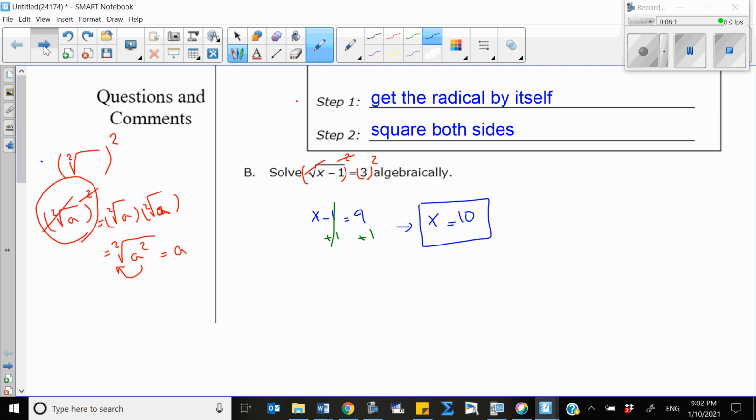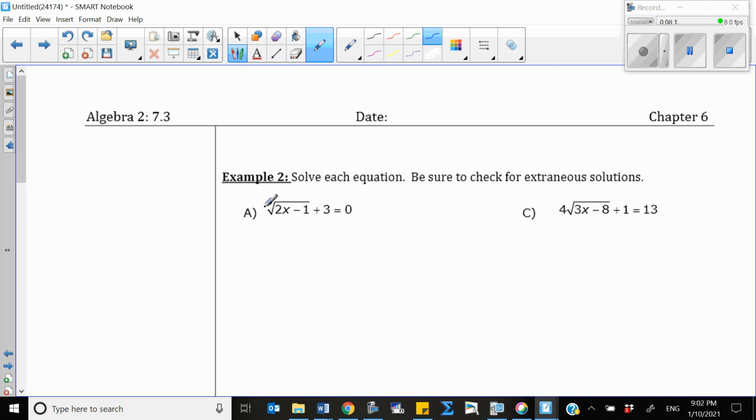So let's go to the next example here. Square root of 2x minus 1, plus 3, equal to 0. The first step is to have the radical by itself on one side. That means I need to get rid of this 3. To do that, I subtract 3 from both sides. On the left side, I will have the square root of 2x minus 1, and on the right side, I have negative 3.